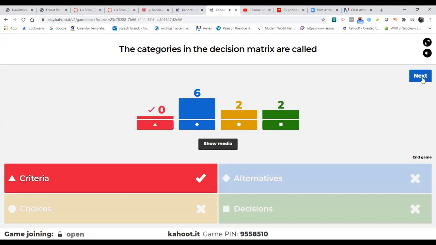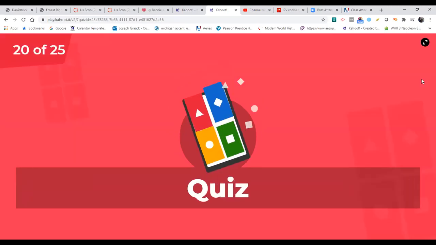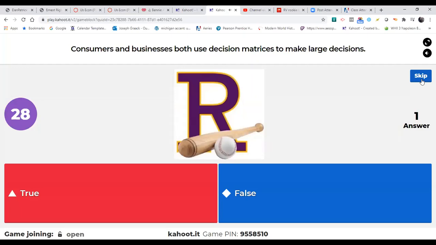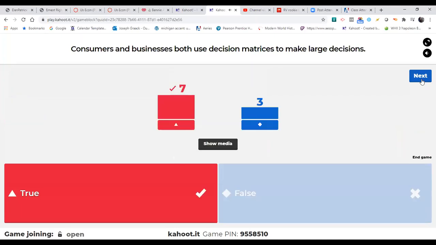Criteria. The criteria that you base your decision on. You're buying a car, what color do you want? How much room do you want? You want a truck, SUV, a car? Consumers and businesses both use decision matrices to make large decisions. That is true.